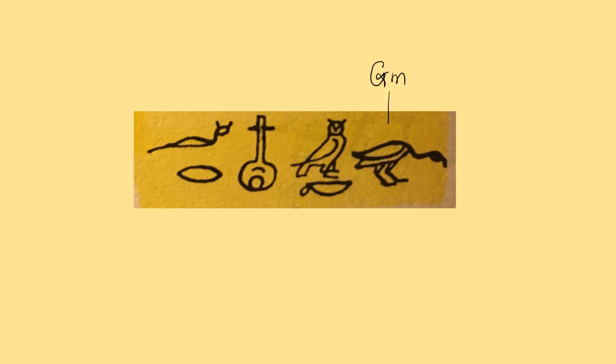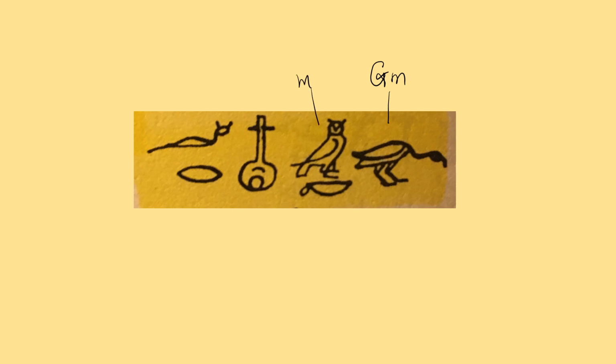So the standard approach to translating Medu Neter is to identify the images and transliterate them using the Roman alphabet that we know. So the first thing that we see here is the black ibis bird, and we transliterate this specific bird with the letters G, M, and say gem.